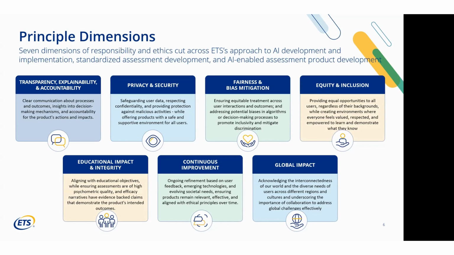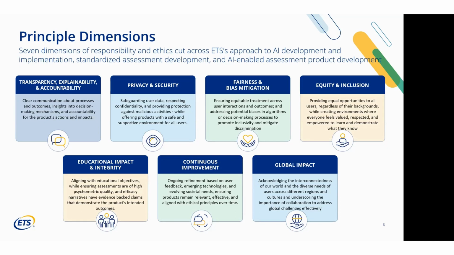Global impact is one that I think is important because this is one that we're not seeing in many of the standards that we've been reviewing. When we think about global impact, we're thinking about it in two ways. One, we know that responsible and ethical AI standards will only be appropriately developed if it is global collaboration and we're reaching across the world to make sure that we're collaborating with scientists, with vendors, with industry, to make sure that we're working together toward achieving the same goal.